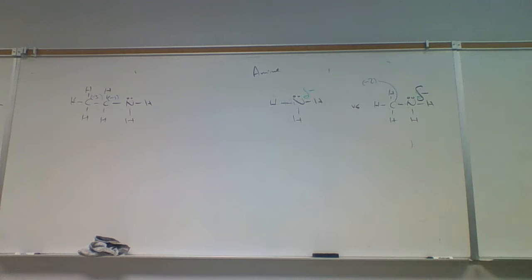We're going to compare methylamine. Methylamine is 4.2 times 10 to the minus 4 versus ethylamine. Ethylamine here is 4.3 times 10 to the minus 4. So which one came out stronger? Ethylamine came out stronger.